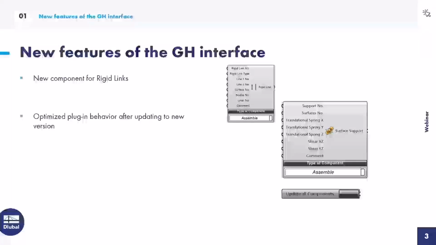That was caused by the fact that we constantly extend current components and create new components, and when we extended an existing component, those wires were disconnected. This new optimized behavior should prevent that.